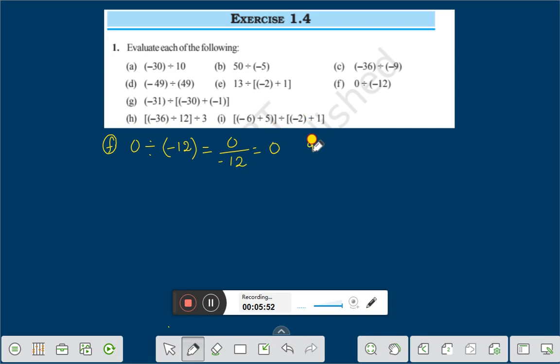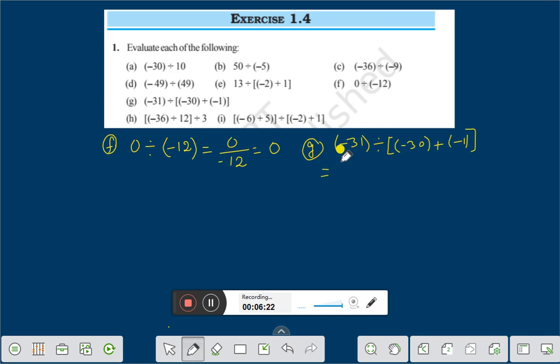Now G, what is G? G is minus 31 divided by, in bracket, minus 30 plus of, in bracket, minus 1, right?